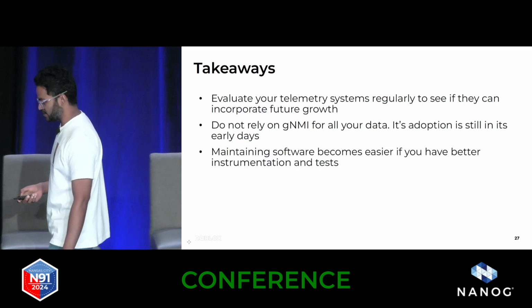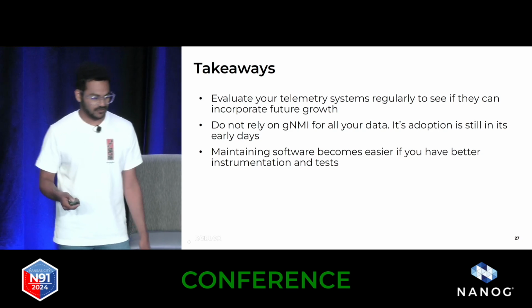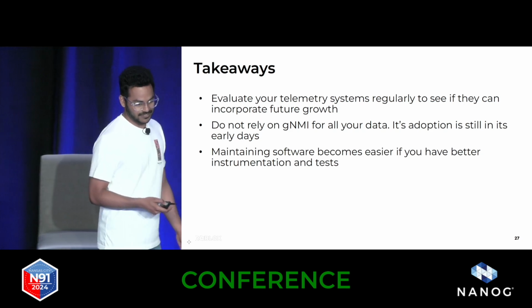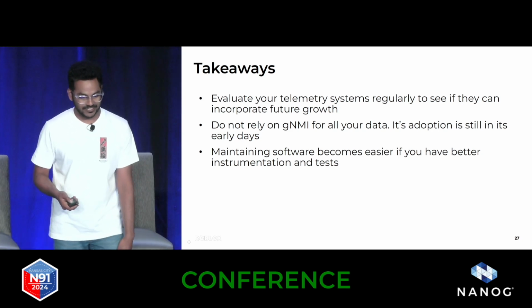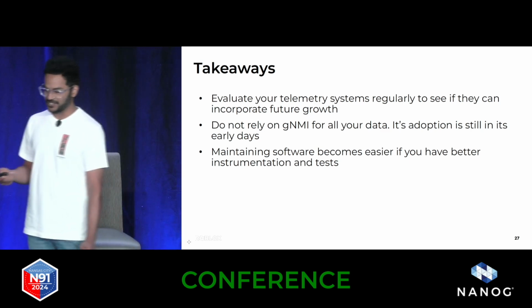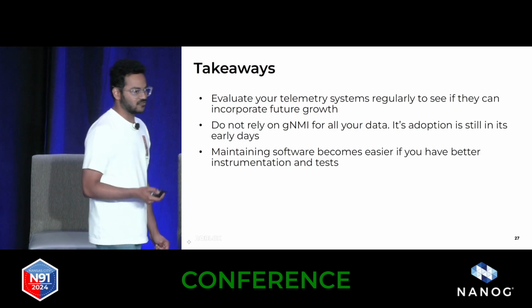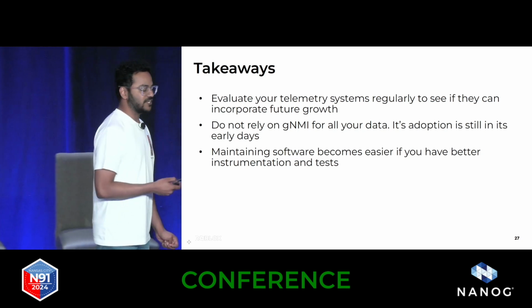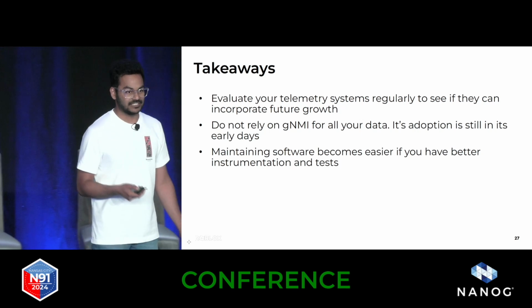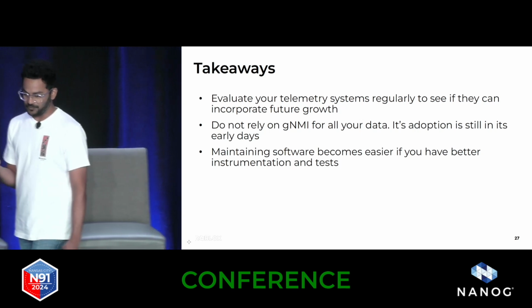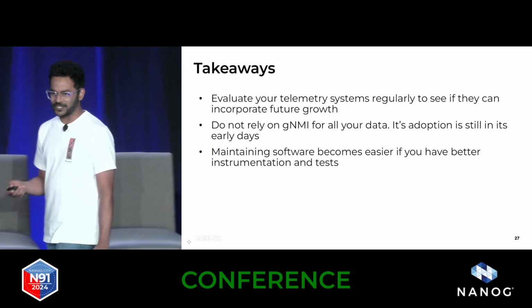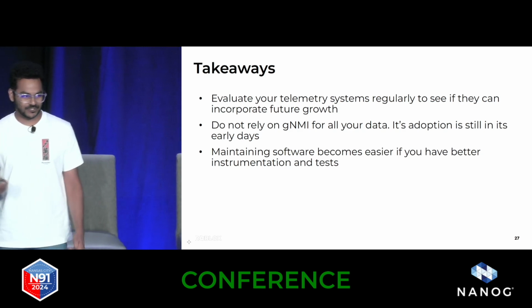And the last one is, I guess, the most obvious general software best practice: if you're maintaining software and you want to make it easy to maintain, always have a lot of metrics and a lot of tests to ensure that it's easier to debug. I think in software engineering, people always avoid this because we just want to get it done.